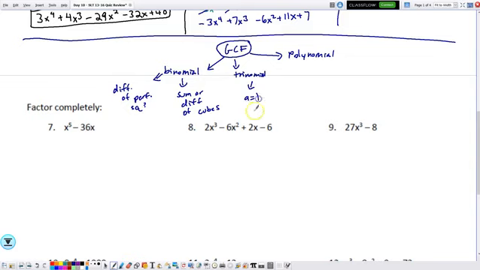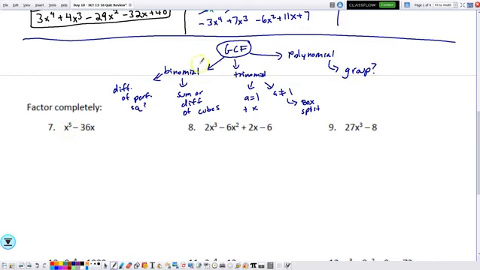We have a equals 1, which is just the add and multiply method. And then we have a is not equal to 1, which would lead us to either box or split the middle. Box or split. And if it's a polynomial, if we have 4 terms, we're going to see, does it group? It might not. So I'm going to work this flowchart for each of these problems.